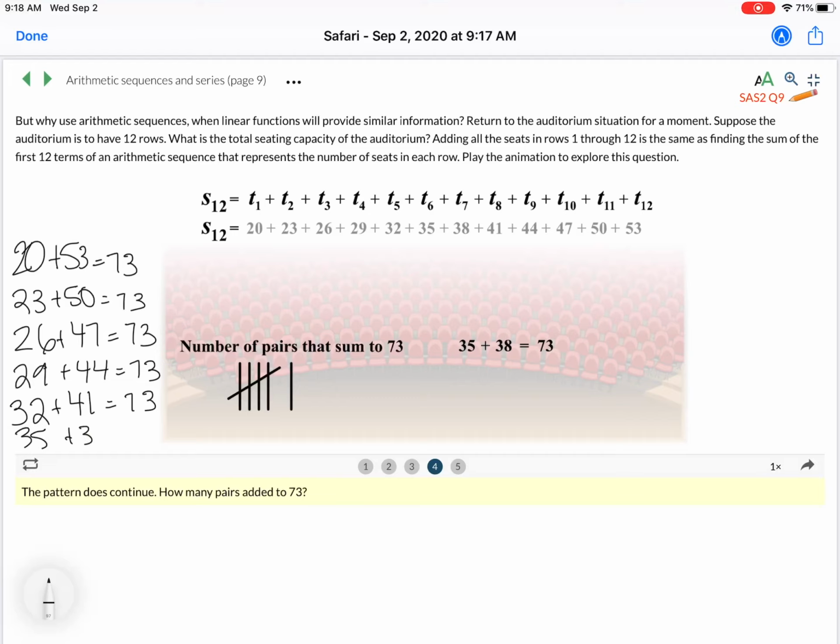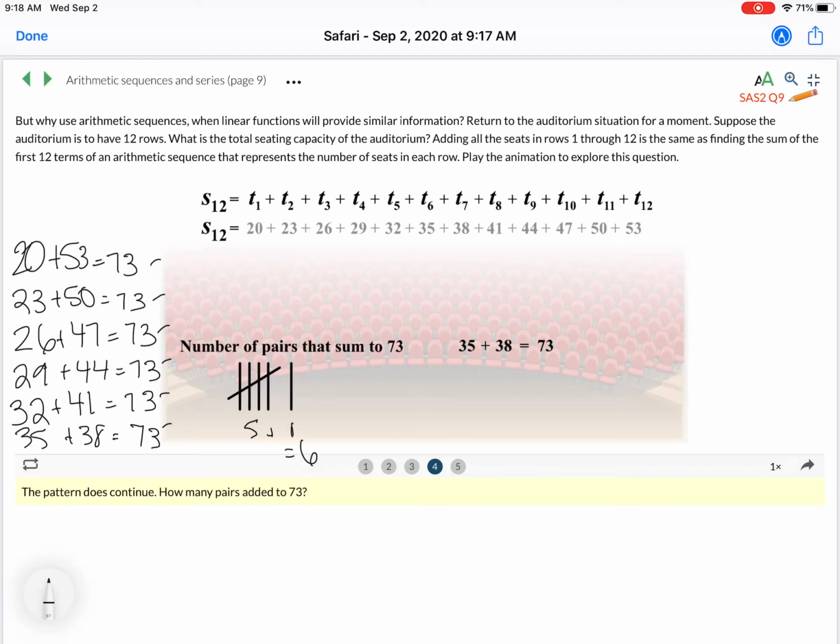And 35 plus 38 is 73. Okay? So, how many pairs do I have that equal 73? So you can count 1, 2, 3, 4, 5, 6. Or you can count the tally marks. 5 and 1. 5 plus 1 equals 6.